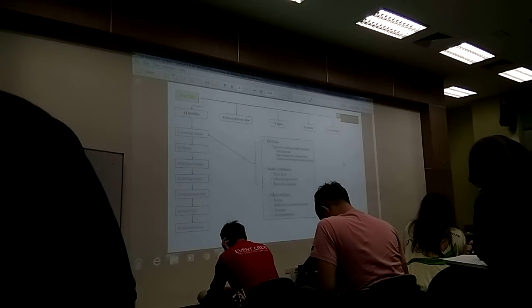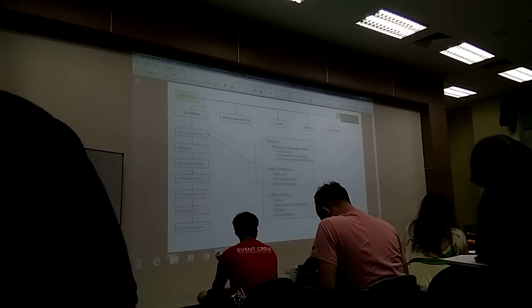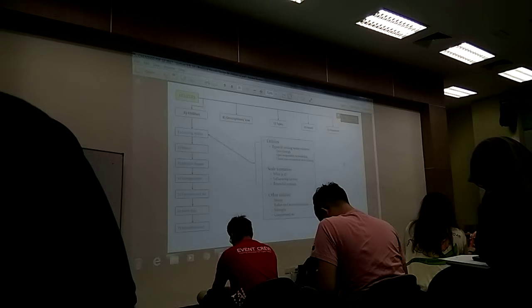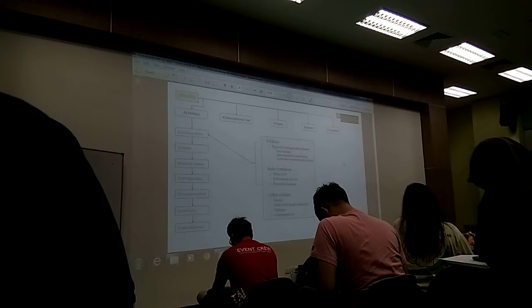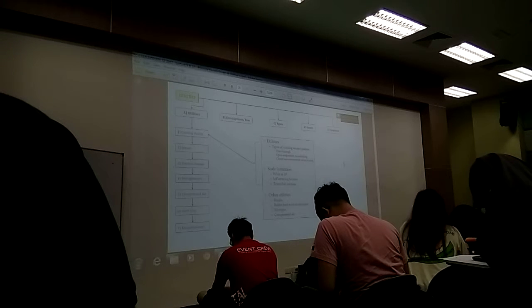You have the open system, you have the, what is the other one? You have open system and you have the closed system. And then issues with each utility. For example, the cooling water, you have scale formation, how to prevent the scale formation, and so on.